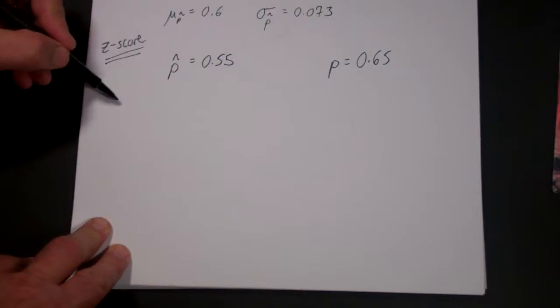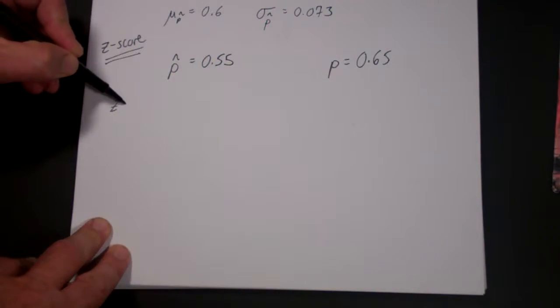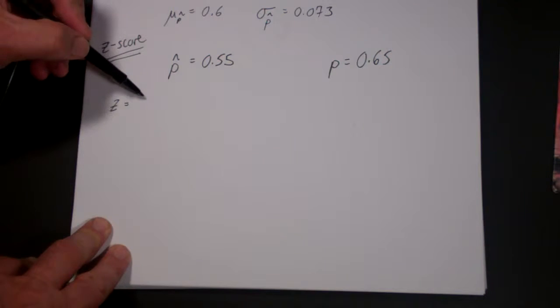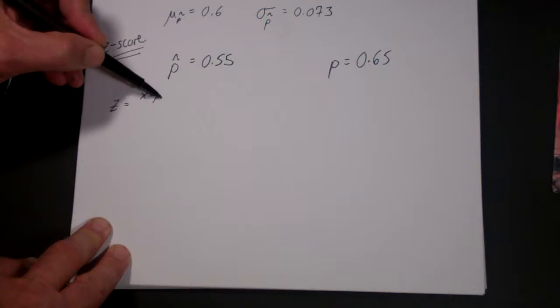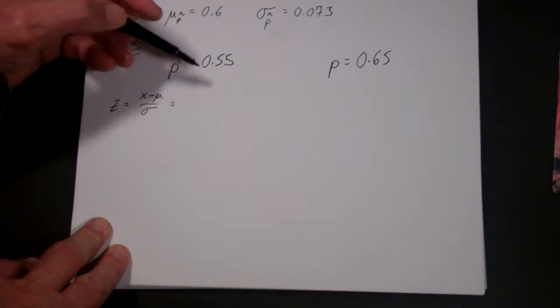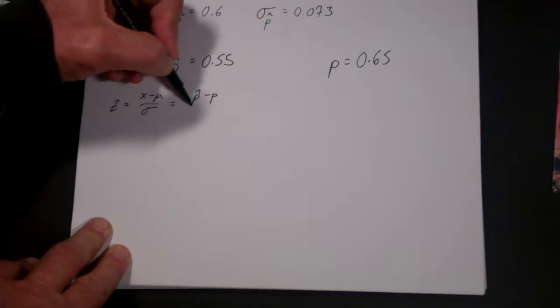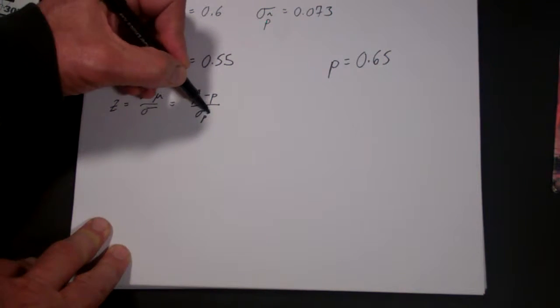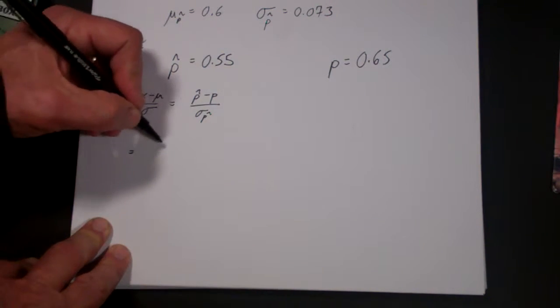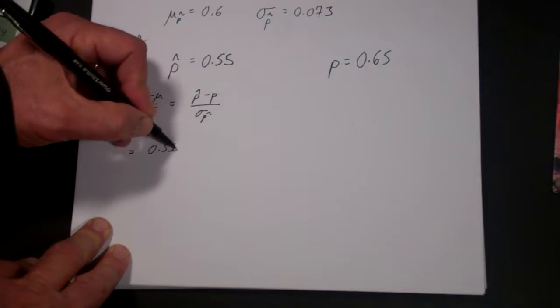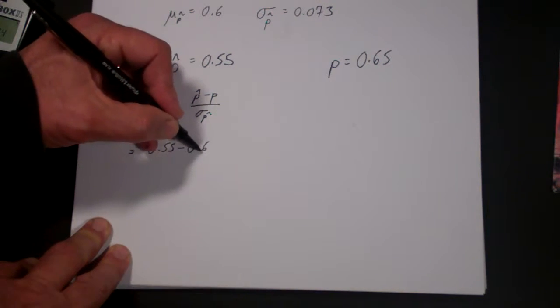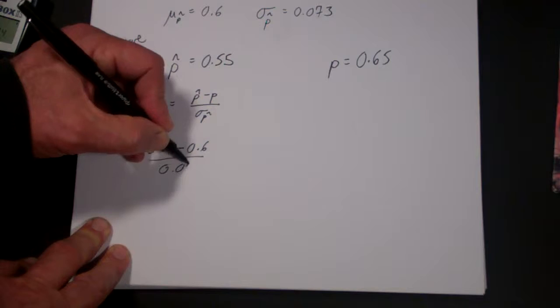So the formula here is going to be that z is equal to, in general, x minus mu over sigma, but with p's it's going to be p-hat minus p over sigma p-hat. In this case 0.55 minus 0.6 over 0.073.